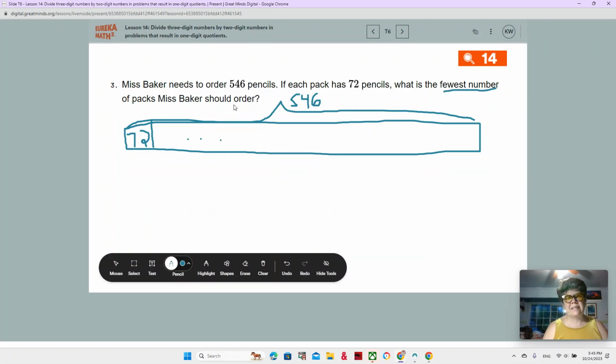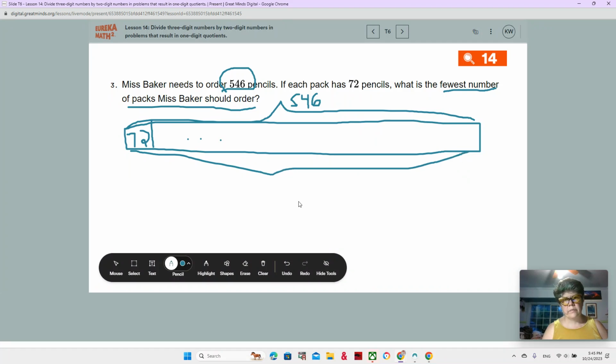Fewest means the least number of packs that she needs to order to guarantee she gets 546 pencils. Okay, and then our question is how many packs, right? What is our number of packs of pencils? Okay, really good.